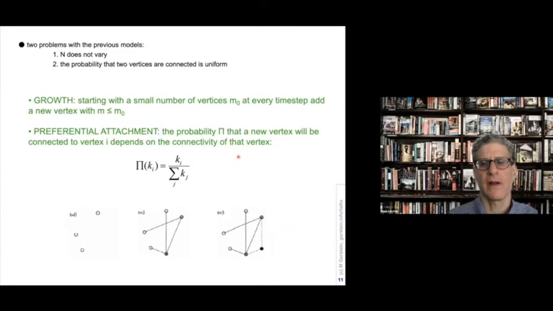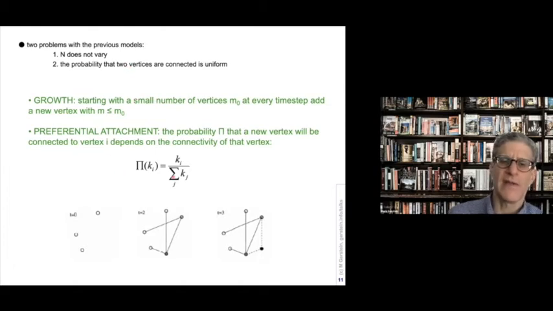Now, one of the ways of getting a sense of the scale-free network is to think about a growth model for networks. So in the ER graph, we just connected up things with a given probability, and that was fairly uniform.